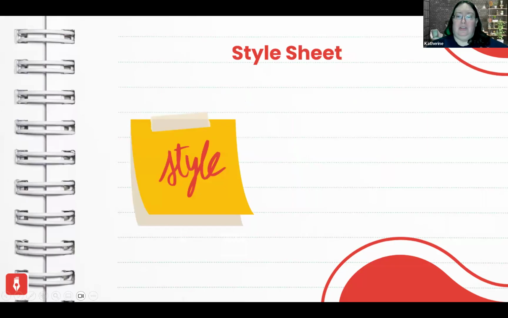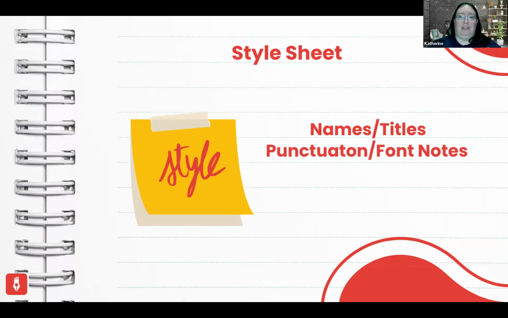As part of your style sheet, which is what we're going to talk about, you want to identify how you want to format names and titles. Are you going to capitalize Lord so-and-so, Lady so-and-so, Your Highness, Your Majesty, Master, Mistress, Dad, Mom? Are you going to leave them lowercase? What kind of punctuation and font notes do you have?